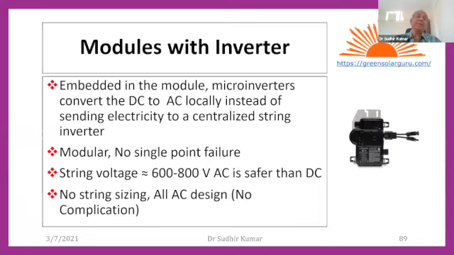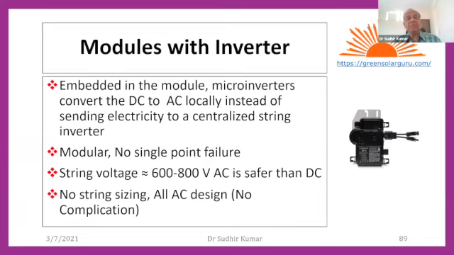Another beauty with this is that no string sizing is required. In the DC voltage, if you keep modules in a string, then an 800 volt limit is there. You cannot have more than 1000 volt if you keep DC, it's not allowed, as per the norm. But if you keep AC, no problem.